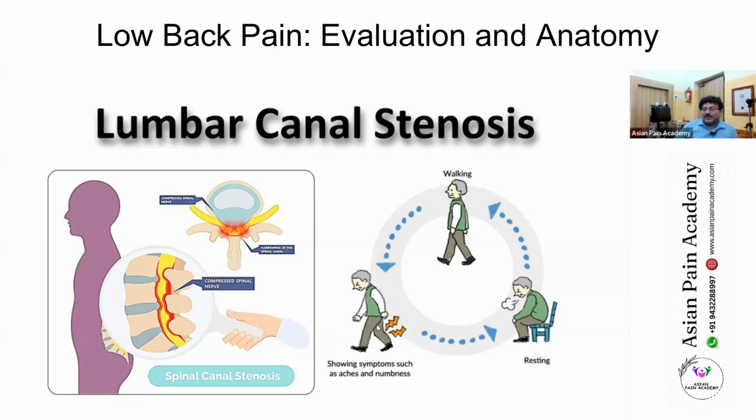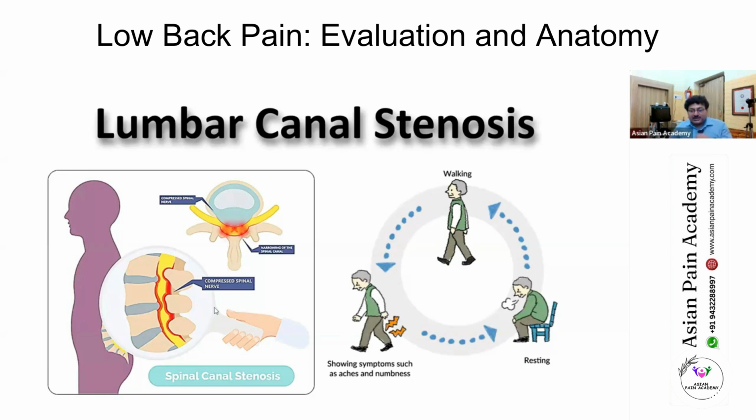There is pain, heaviness in the lower limb, and the patient gains some benefit when leaning forward, but even after some time he is not able to walk, and then he rests, and after resting for a few minutes he can walk again. So this is known as neurogenic claudication, and it is slightly different from the vascular claudication seen in Buerger's disease, because here the symptoms are mostly neuropathic pains.